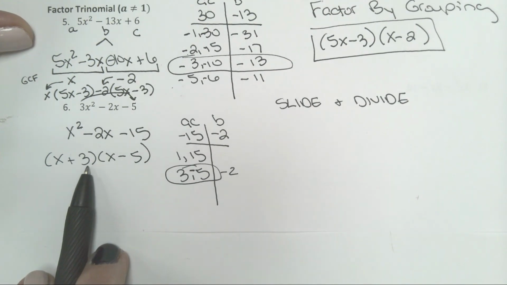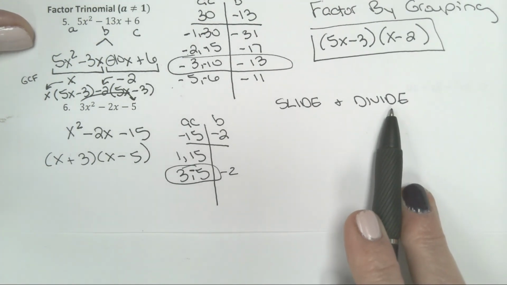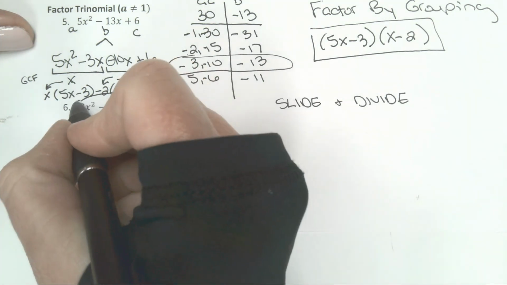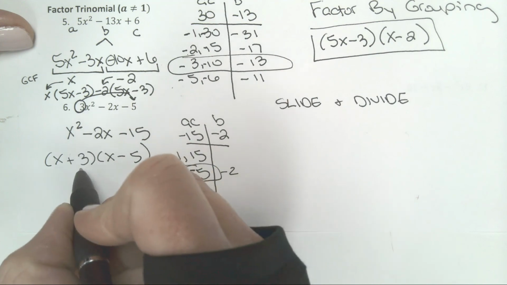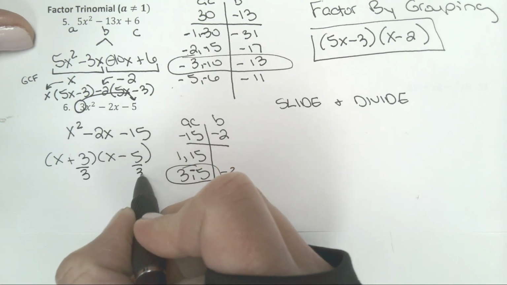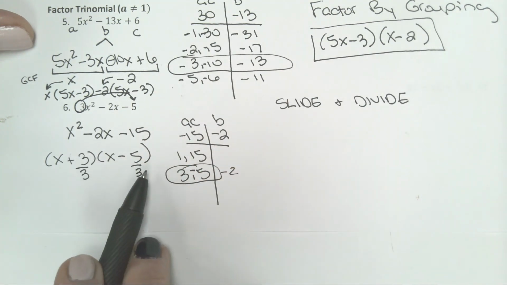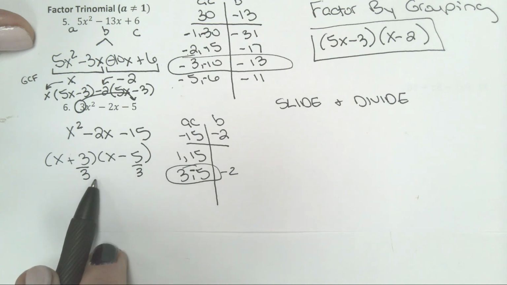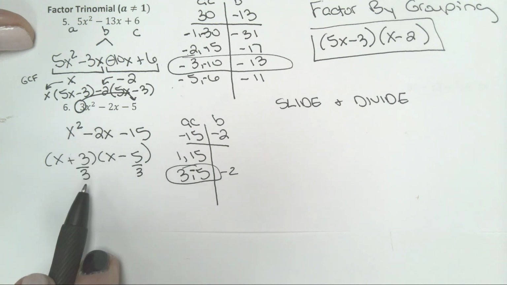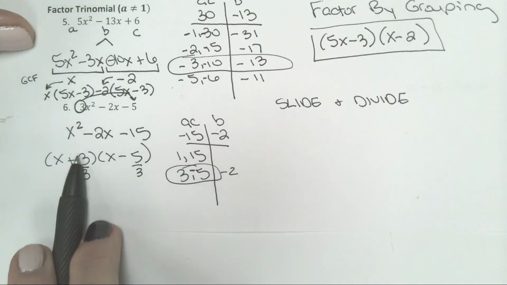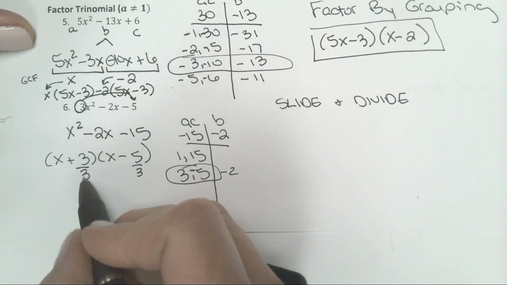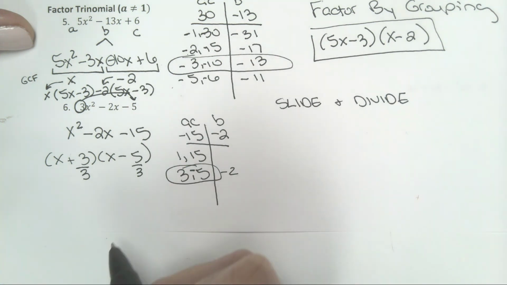The dangerous part of this is you have to remember to turn around and divide. So whatever your A term is, we're going to divide both of these number parts of your factors by that A term. So I'm dividing them both by 3 right now. If they divide and simplify down, then we're just going to simplify it.